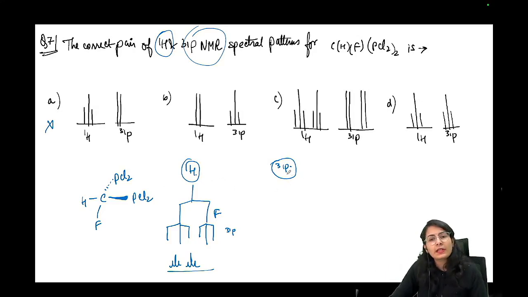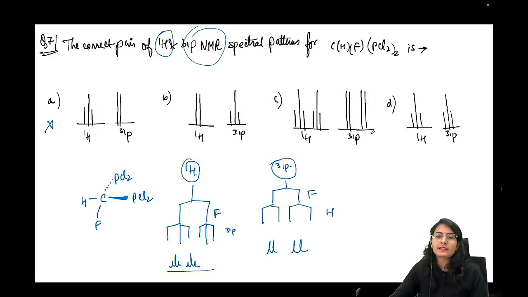So they'll give you one signal only for the 31P NMR. That is going to be split into a doublet. First by, let's say first by fluorine because the coupling constant is high. Then again into a doublet by the hydrogen. So what are you getting? You are getting two doublets of equal intensity like this. So C is the correct answer.